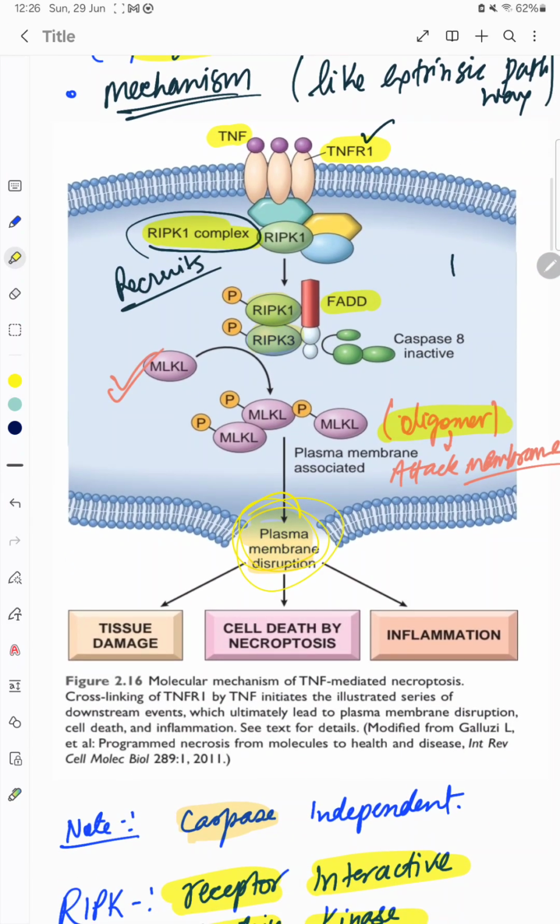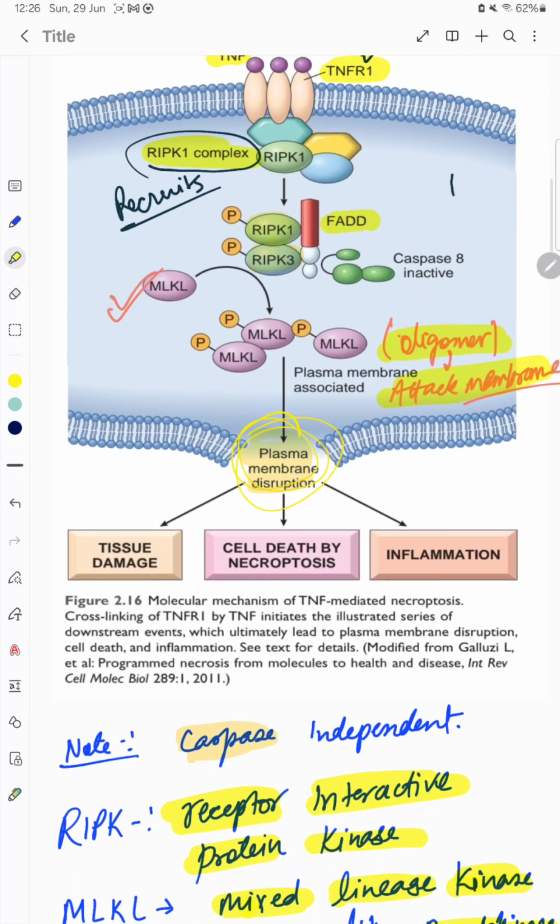This oligomer of MLKL will result in the membrane attack or plasma membrane disruption. After the plasma membrane disruption, there will be tissue damage, cell death by necroptosis, or local inflammation.